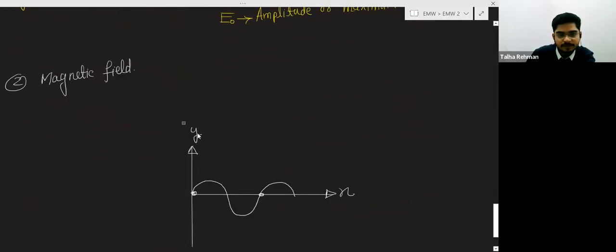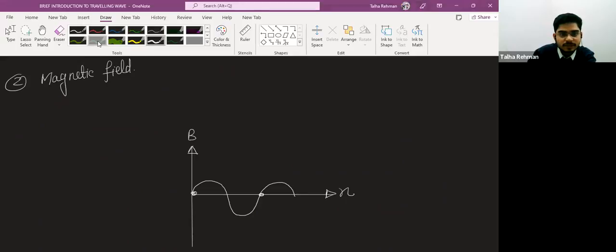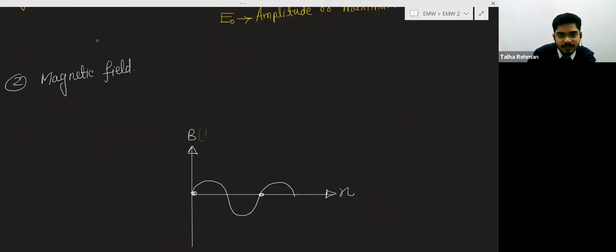Now here is the magnetic field, and this is the direction of the propagation. So the magnetic field we have taken along the z-axis. Suppose this is the z-axis, meaning k cap. So the magnetic field is along k cap.